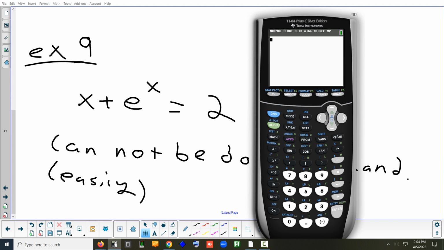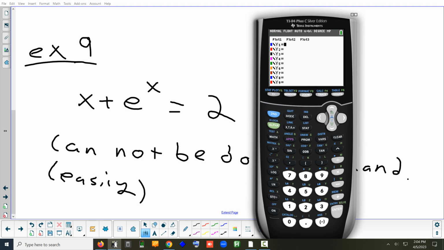Thoughts? Yeah. Can we plot it? Okay. So tell me how we would do that. So I would subtract the x from the left side, making it 2 minus x.